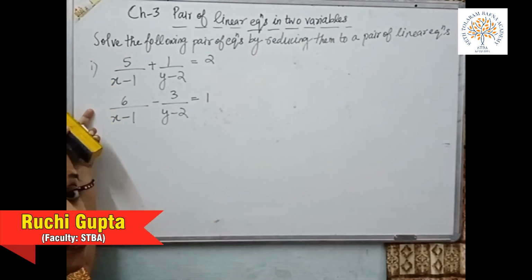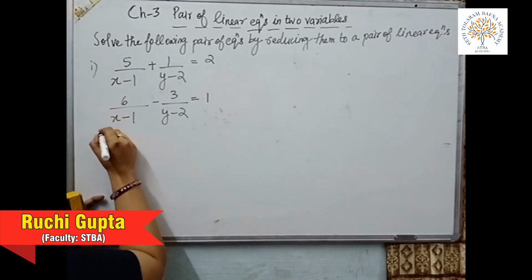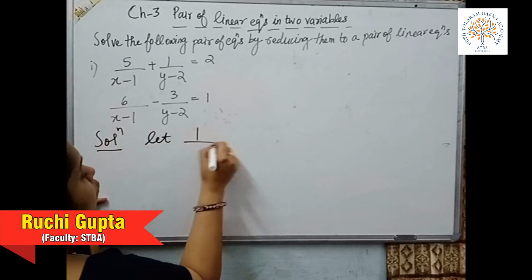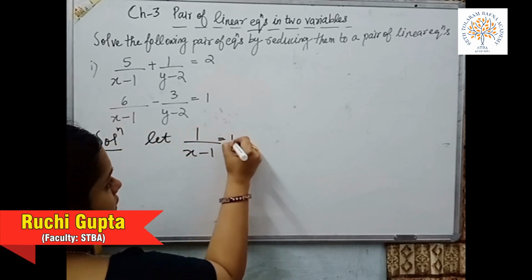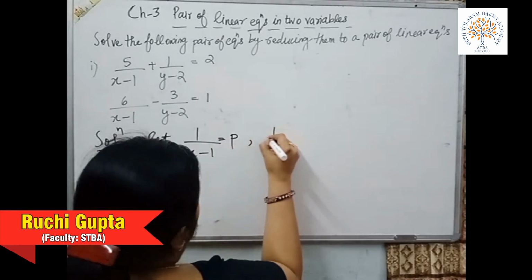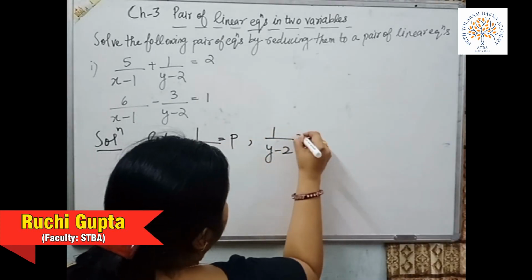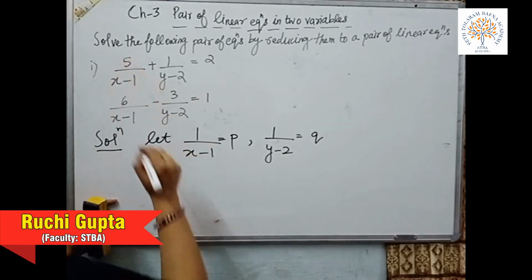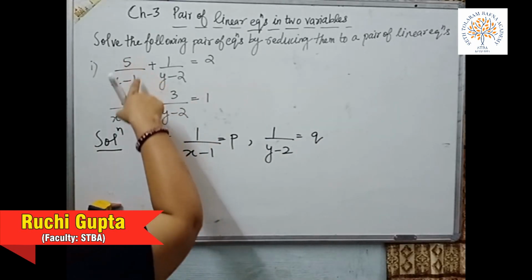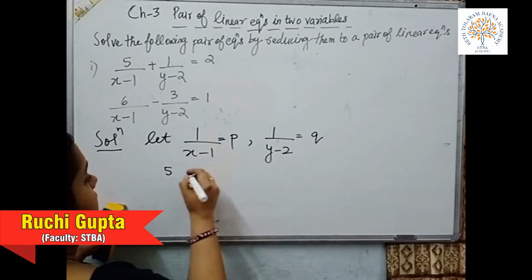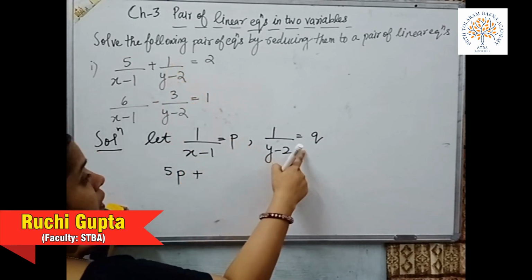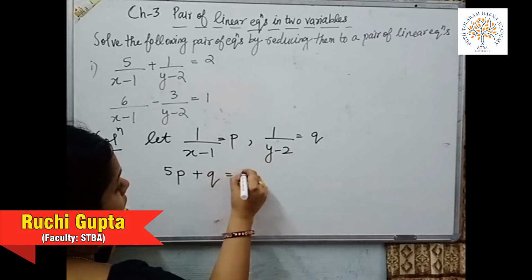Okay. So that's why we are reducing these equations to solve for the values of x and y. So how can we reduce them, students? In this type of question, let 1 upon x minus 1 be p, okay, and 1 upon y minus 2 be q. So what is our first equation? It is 5, and in place of 1 upon x minus 1 it is p, and here 1 upon y minus 2 is q.